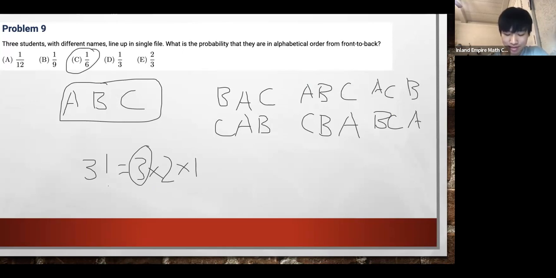The times 1 doesn't really make sense here, but generally we include it just so that it's including everything, though you don't really need it because it's the same number. But 3 times 2, and if it's 4 students, we can just do 4 times 3 times 2.